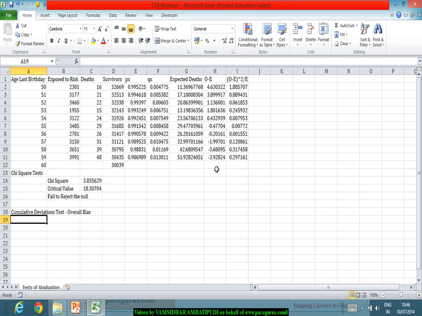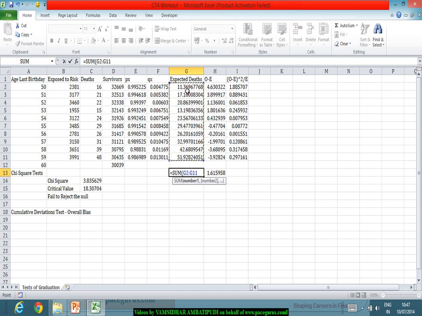I can find out the overall bias here, which is the summation of just O minus E. The overall bias is coming out to somewhere around 1.61, whereas the overall expected number of deaths is coming out to somewhere around 269.